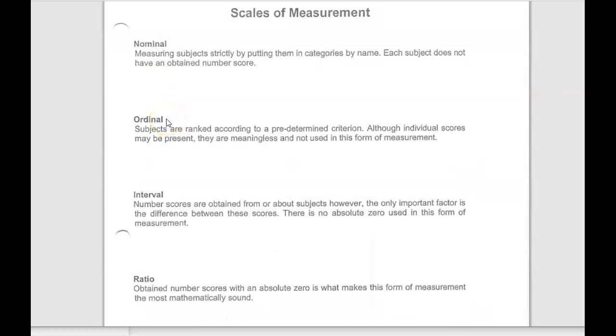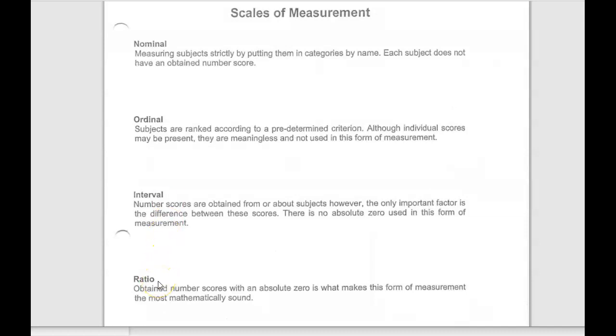If I said your score was 3rd highest or 5th from the bottom, rank order. Ordinal. Interval. You scored 3 points above the average. You scored 2 points below the cutoff to move on to the next level. None of those things really explain what your score means. So it gives you a little bit of information, but not enough.